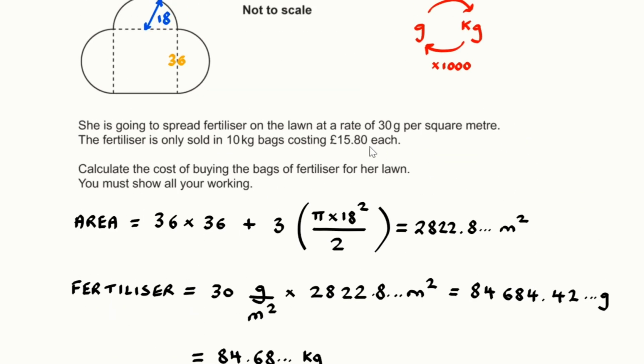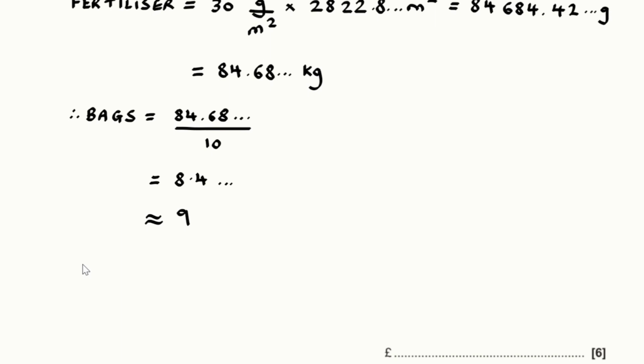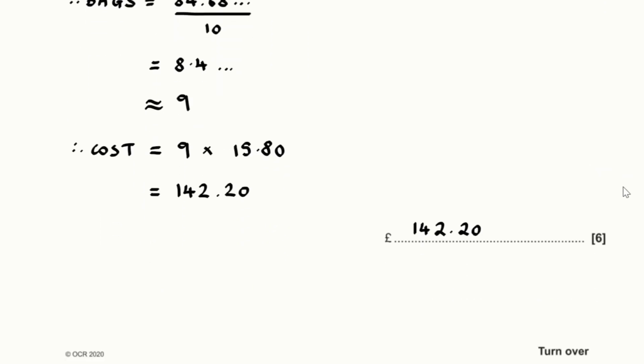And if one bag costs £15.80, the total cost will be 9 multiplied by 15.80, which is 142.20. So we've got £142.20.